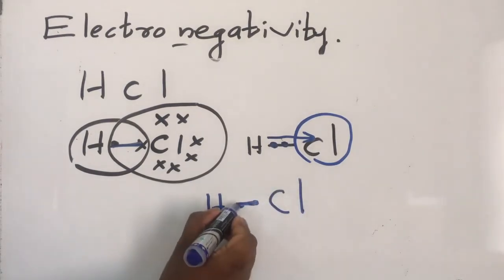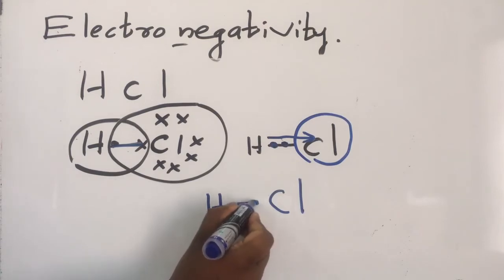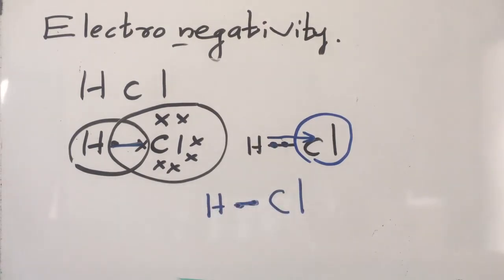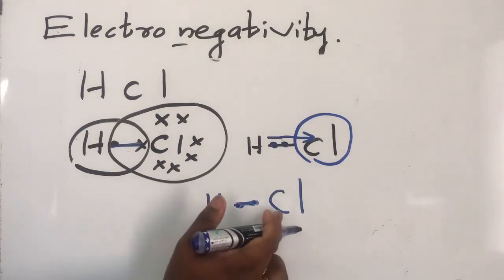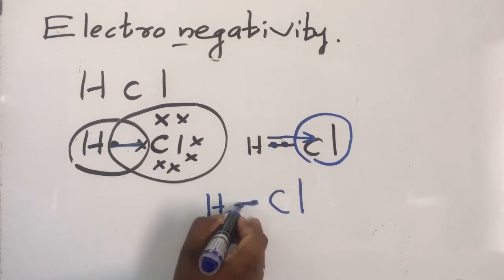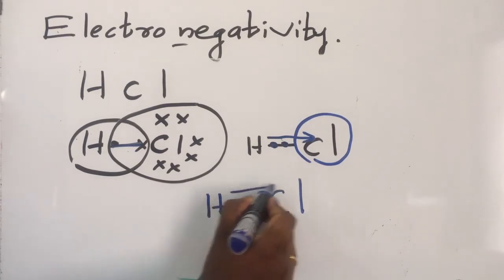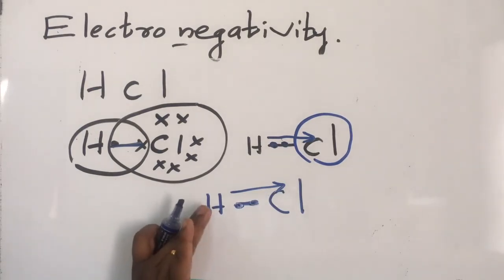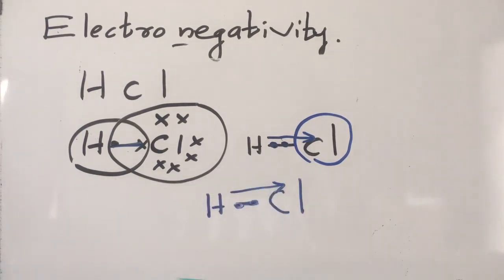At the beginning, the pair is at the center position between hydrogen and chlorine, but later chlorine has a tendency to attract the shared pair of electrons towards itself.